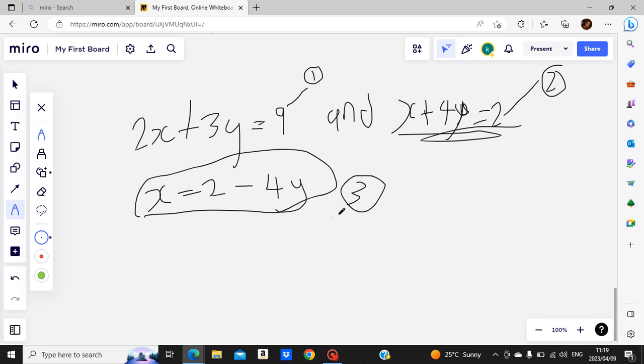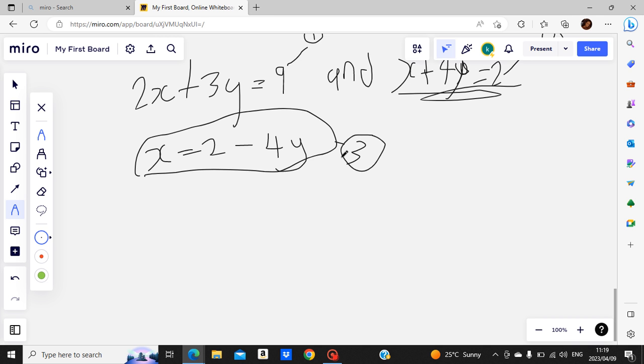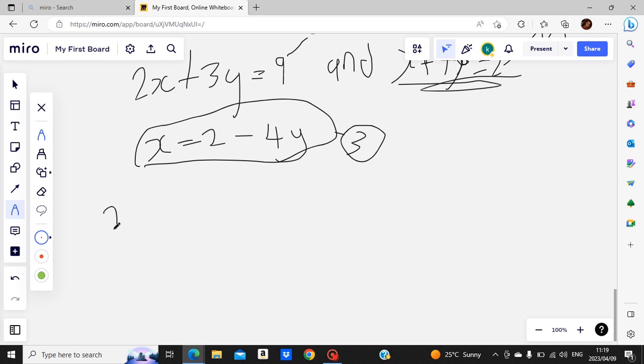So now when we have our x, we have to substitute this x into the equation that we didn't solve. Remember, we can't substitute this x into this equation because it's going to take us backwards. So we have to substitute it into the equation that we didn't solve, which is going to be our equation 1 in this case. We're going to come and say 2x plus 3y equals 9, right?